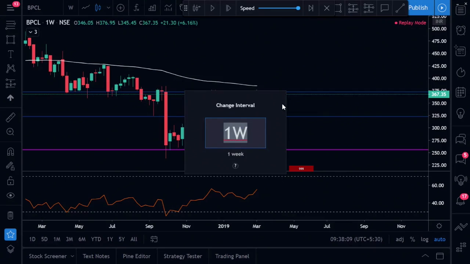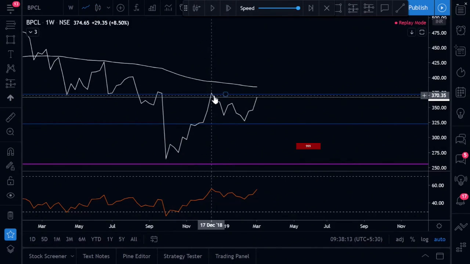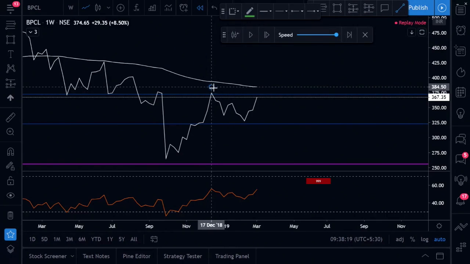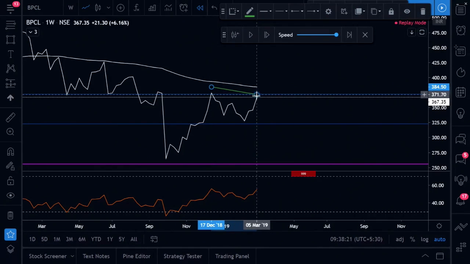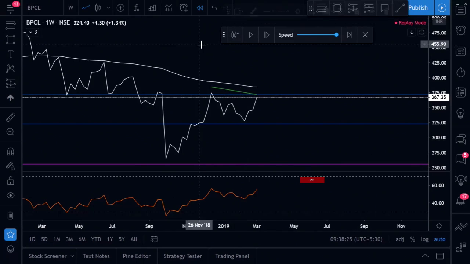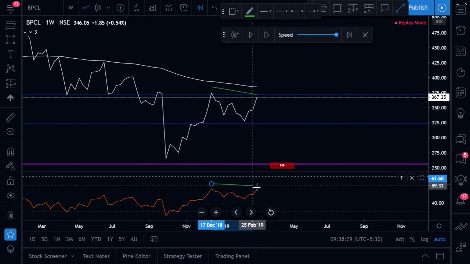Do we have any divergence? Let us see. No. If we look for a continuation divergence in this example, price is making lower high and the RSI is also making lower high.